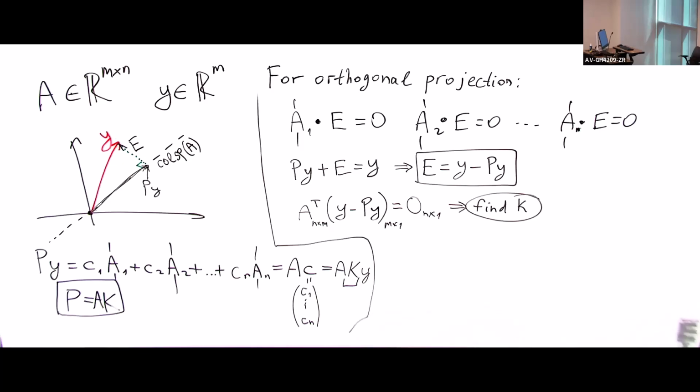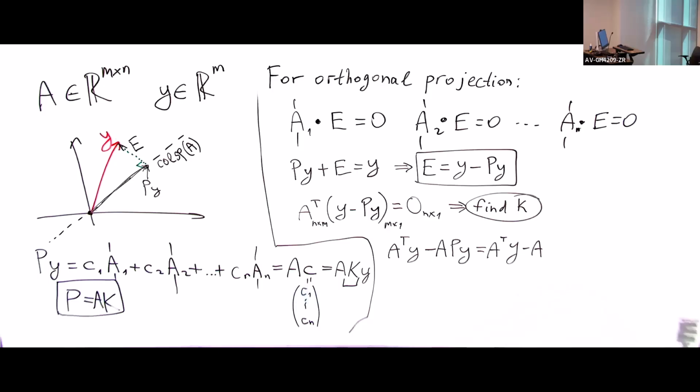Okay. So we get A transpose y minus A transpose Py equals A transpose y minus A transpose P. I will replace P with AK because I want to find K. Okay.